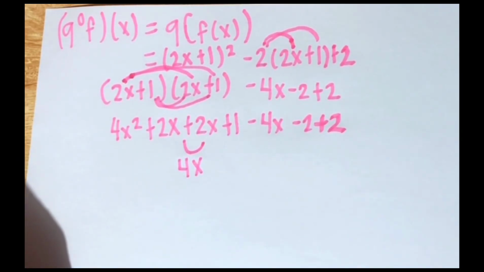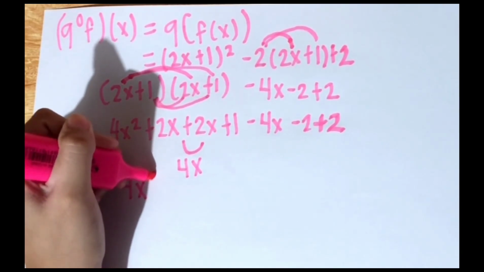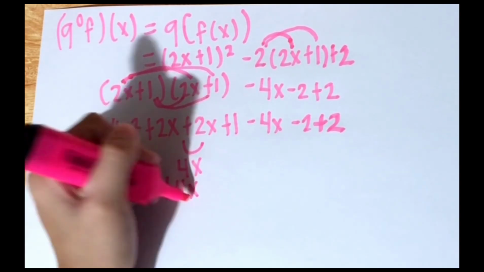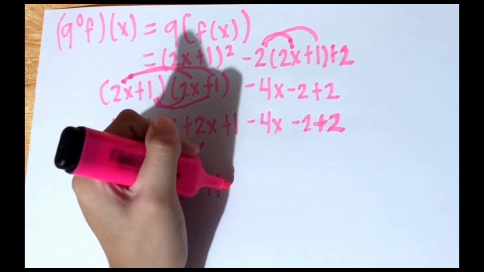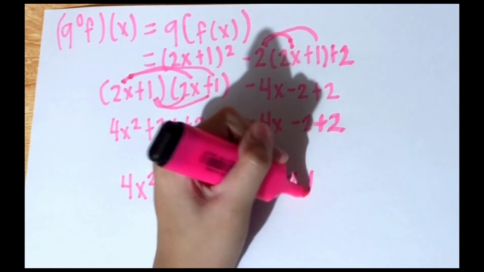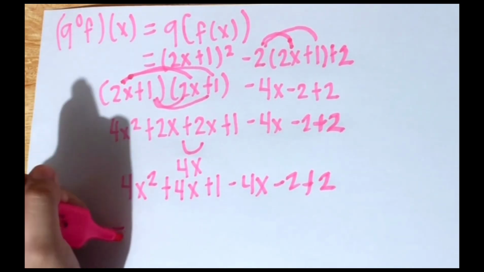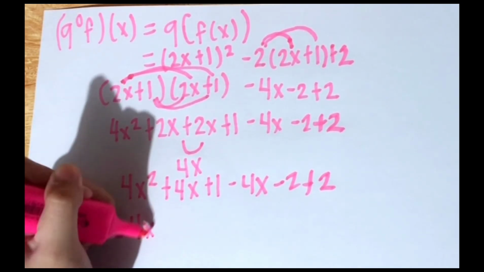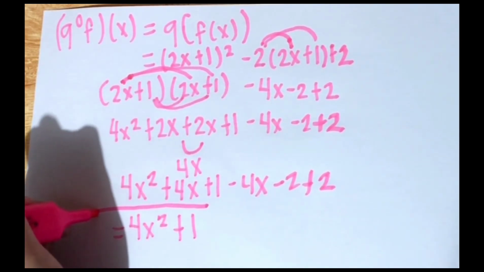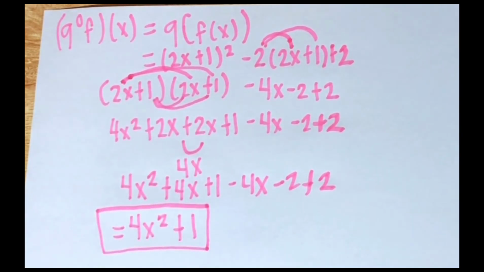And our answer is 4x squared plus 4x plus 1 minus 4x minus 2 plus 2. Let's simplify it and we'll have 4x squared plus 1. And that is our answer for letter B.